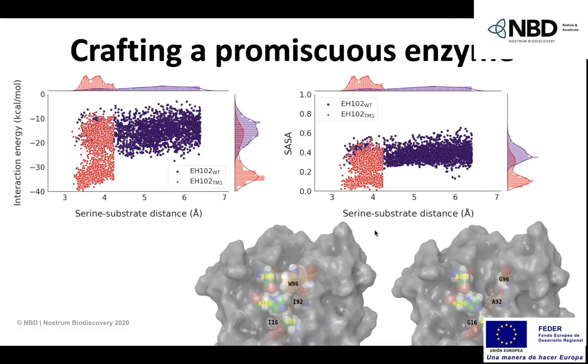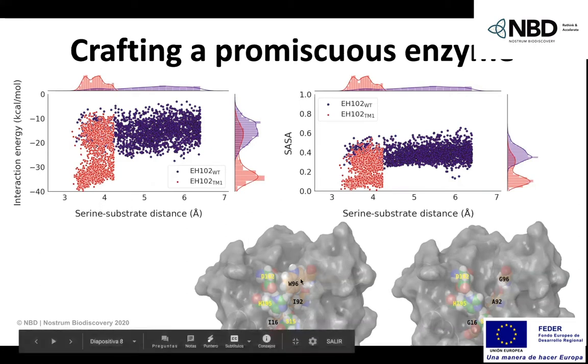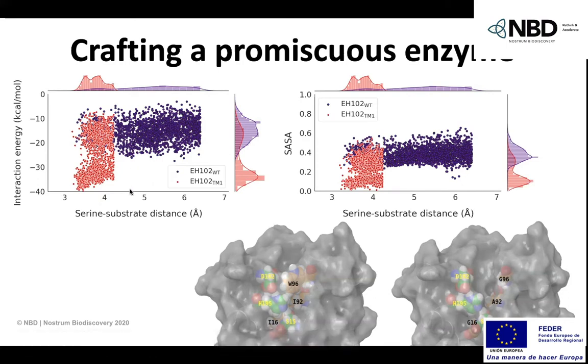We took this really non-promiscuous enzyme, introduced mutations in those three residues, created this cavity, and simulated the system with PELE, comparing with the wild type as we have here. We have the triple mutant 1, and we can see how the triple mutant 1 behaves really different than the wild type and in a similar way as the promiscuous enzyme. So according to our simulations, we have created a promiscuous enzyme from a non-promiscuous one.